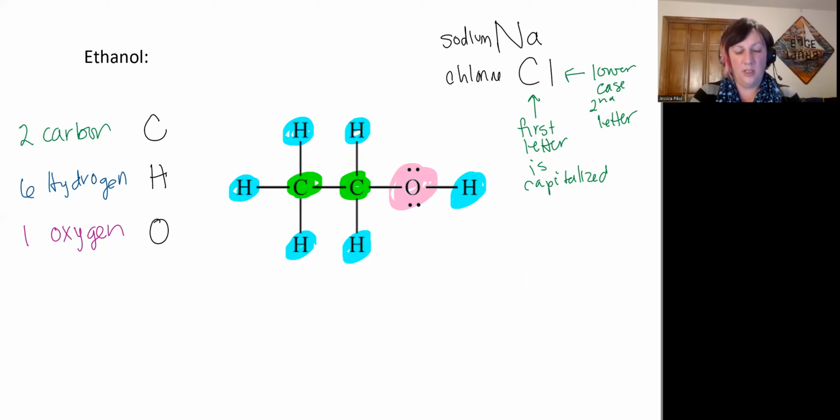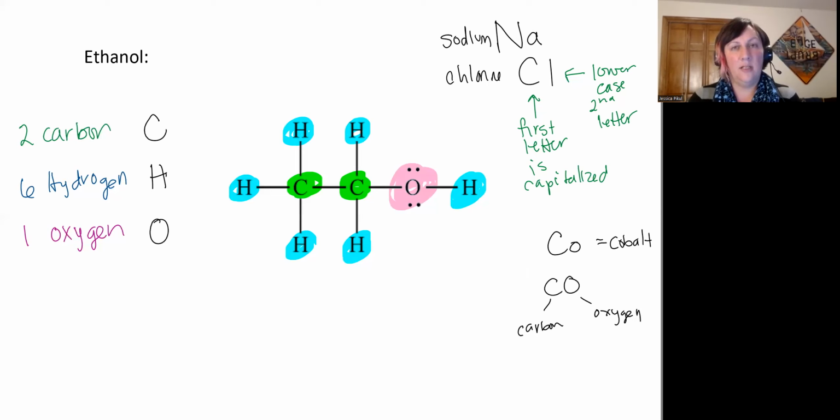Here's another one: CO, an uppercase C with a lowercase o, is cobalt. But if they're both capitalized, this is carbon and oxygen. So we use the capitalization of the first letter to indicate that it's a new element. All right, so a bit of a tangent there.